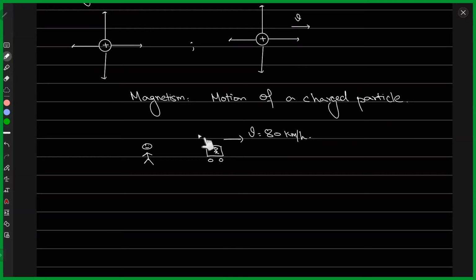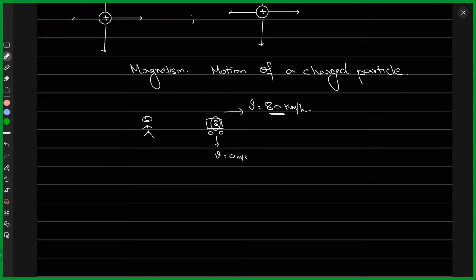If I measure the speed of this person sitting in the car, because he's moving along with the car, I would observe his speed to be this 80 kilometers per hour, right? But he would tell me, no, I'm just sitting still inside the car, so my speed is 0 meters per second. I'm at rest, right?